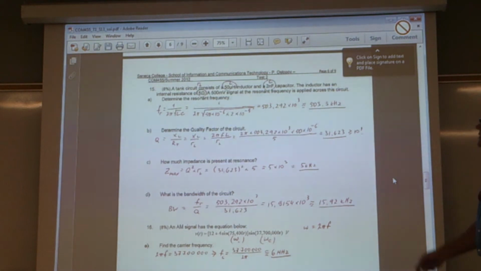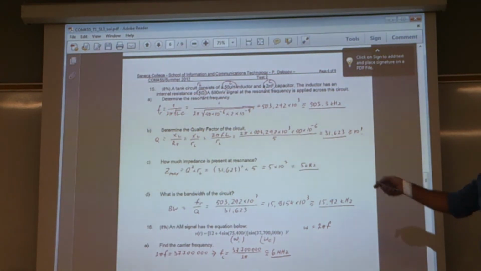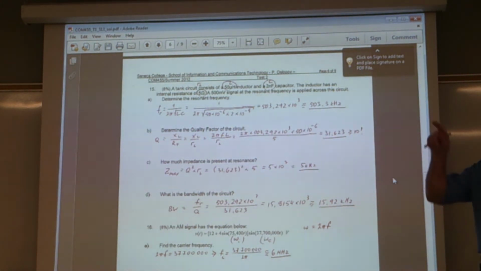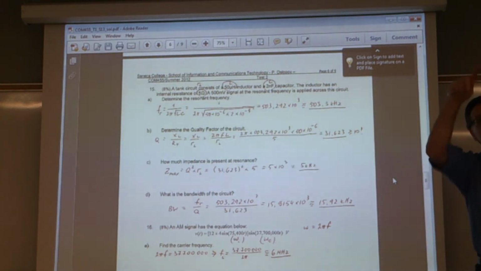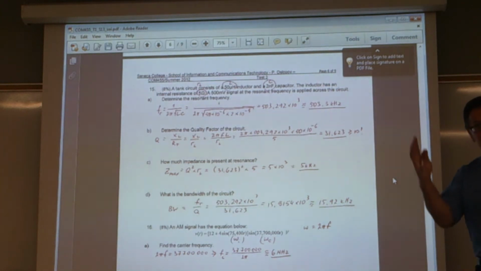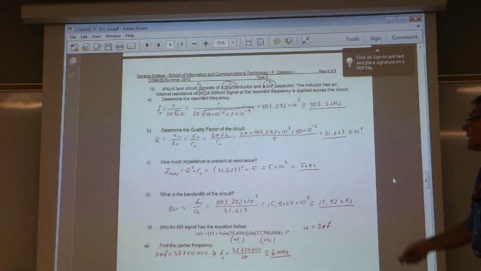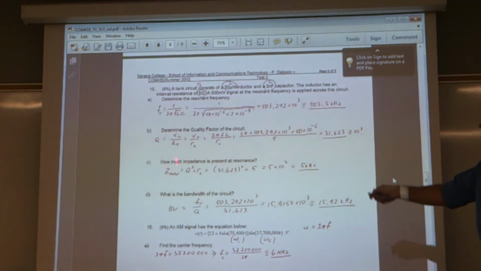The resonant frequency is 1 over 2 pi root LC, not RL or RC. You put the numbers in it, you'll get your resonant frequency. What is the bandwidth? What is the Q? And again, using all these formulas.